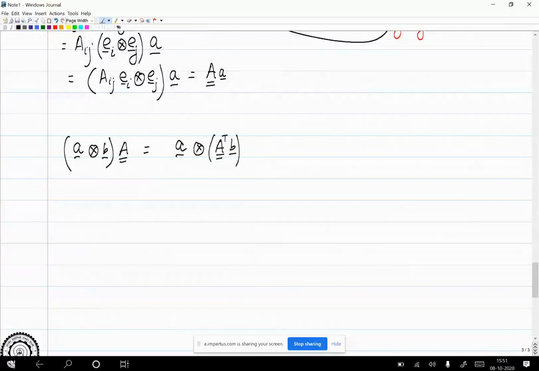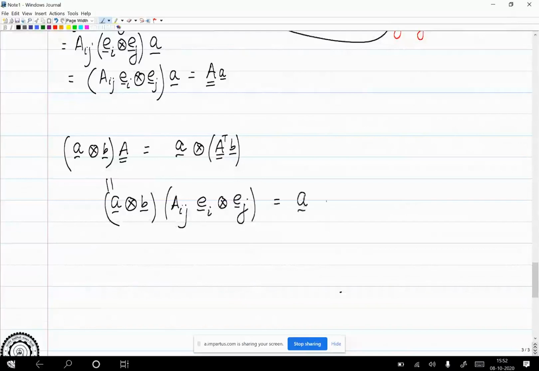Again, you can go in the same way as before. So this is equal to A tensor product B multiplied with Aij of Ei tensor product Ej. Correct? So you have two second order tensors multiplying, and then you know how it works.